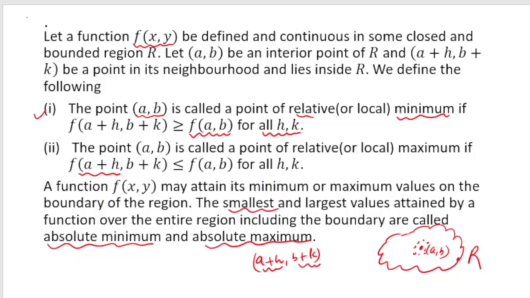Similarly, there is a point of relative maximum, meaning that if you move around that point the function value will decrease. The function at a comma b is maximum, but when I am talking about it, I am talking about a small neighborhood. But there is a possibility that there may be a point where the function is maximum in the entire region R, then this point will be called an absolute maximum point, right?